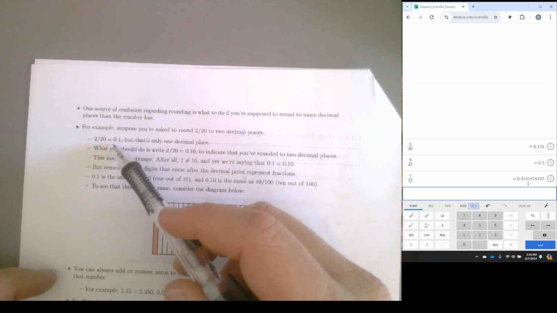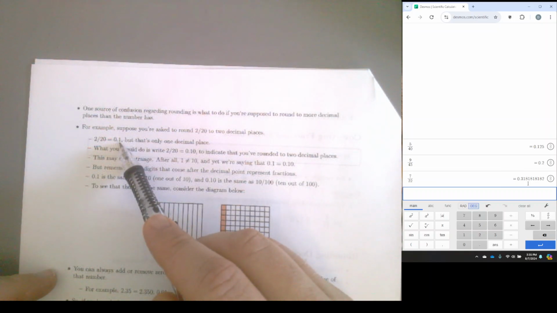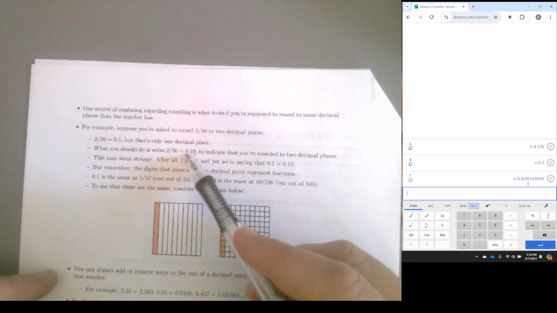So an example of this would be like if you were asked to round 2/20ths to 2 decimal places. If you punched that into your calculator, what you would notice is that 2/20ths is equal to 0.1, but that's only 1 decimal place, right? So what you should do in this case is write it as 0.10 to indicate that you've rounded to 2 decimal places. And that might feel a little bit strange.